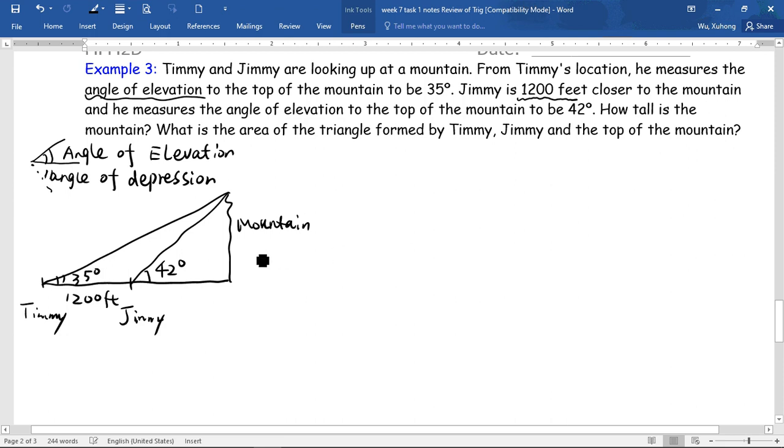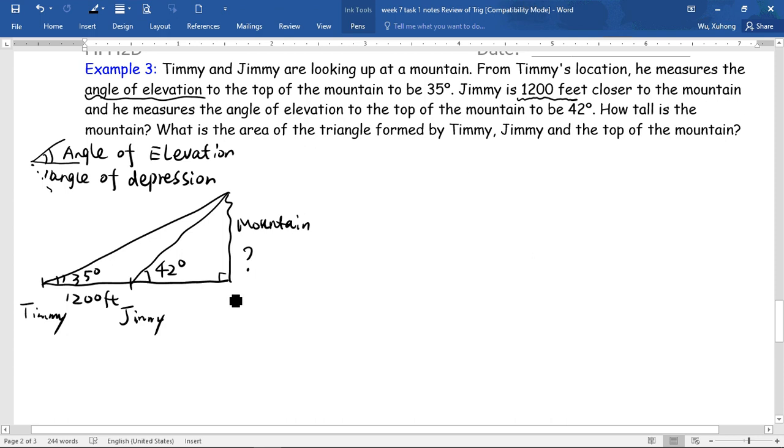Now the question is asking you for the area. Okay, the area of this one. So we answer the first question first, so find out this one first. For this one, we have 1, 2, 3 triangles here.